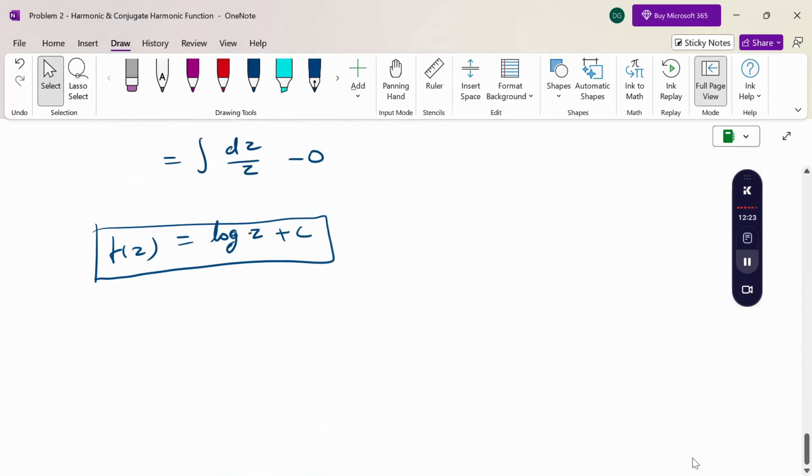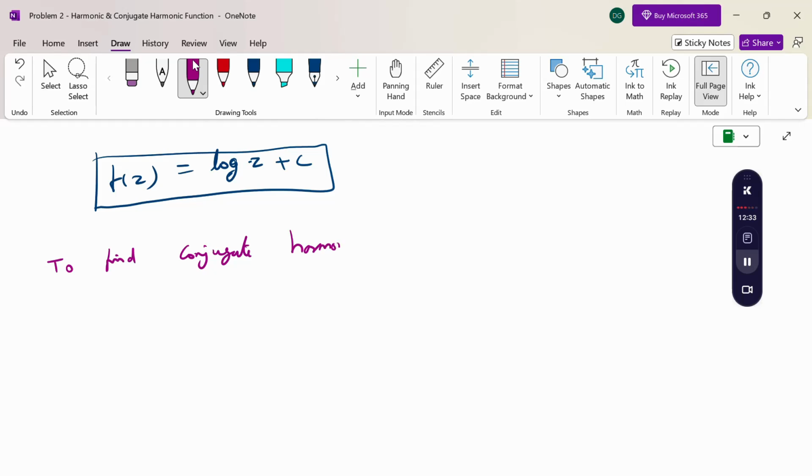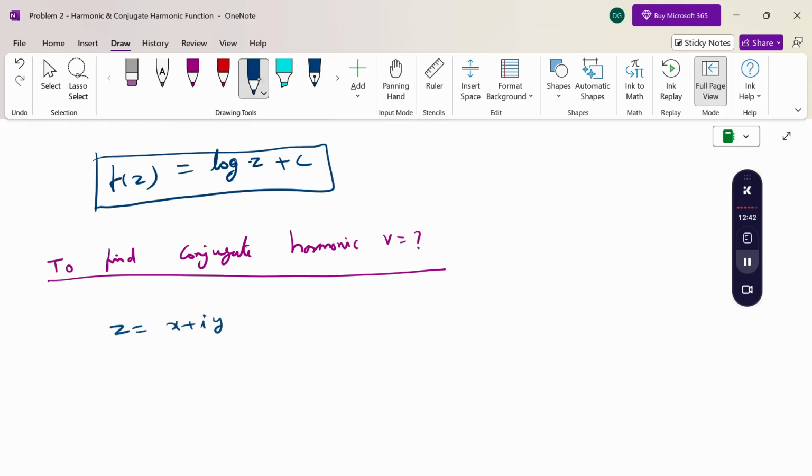Next, to find the value of v, the conjugate harmonic. Here z equals x plus iy, then f of z equals u plus iv.